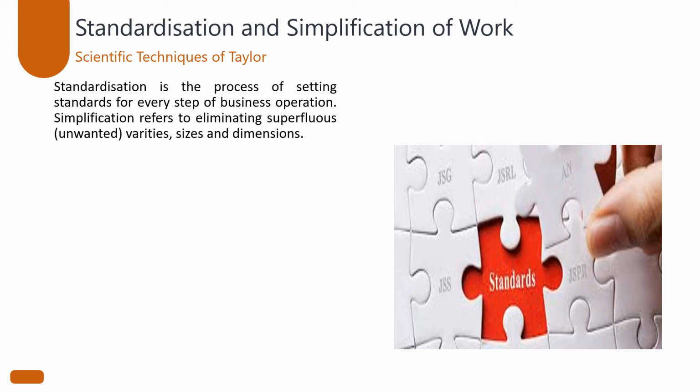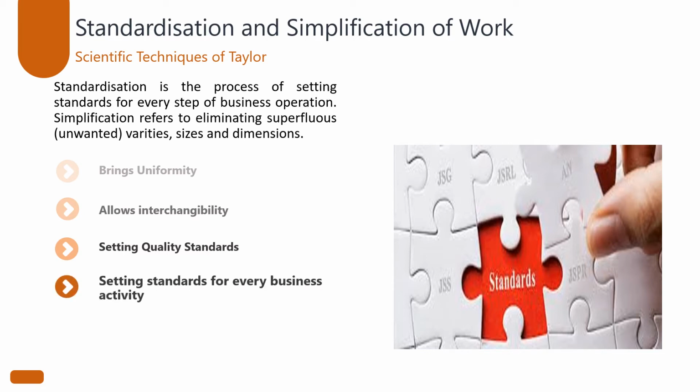So what are the benefits of using standardization and simplification in an organization? It brings uniformity to the organization. It brings different standards. It allows interchangeability of resources where they are required the most. It helps in setting different quality standards, and that too at a very micro level. It also sets standards for different activities in a business.